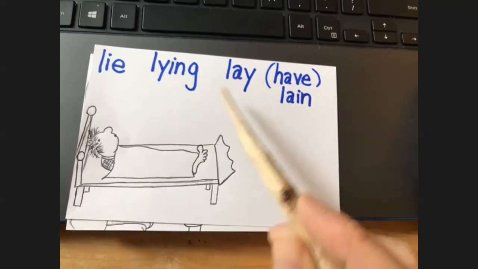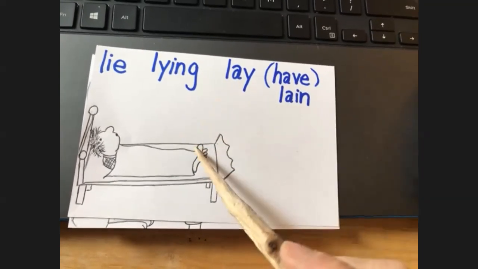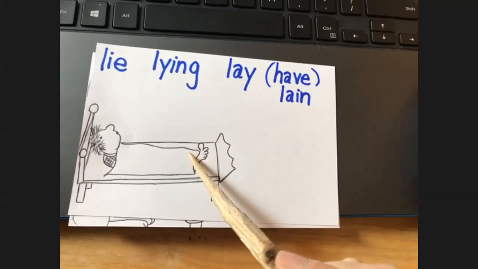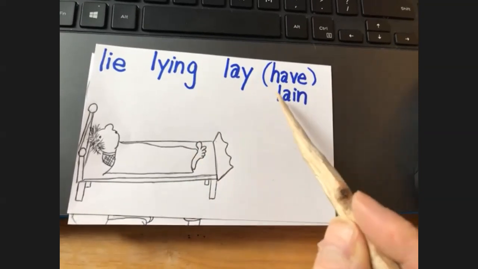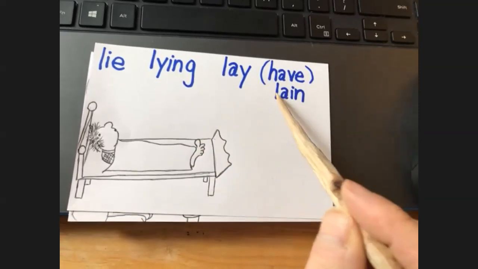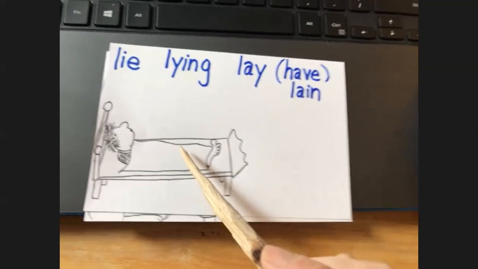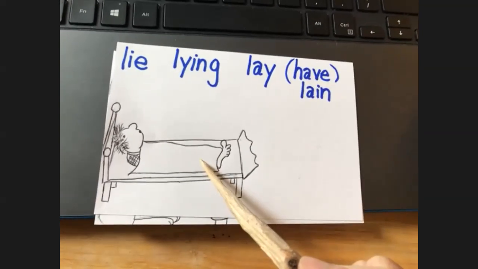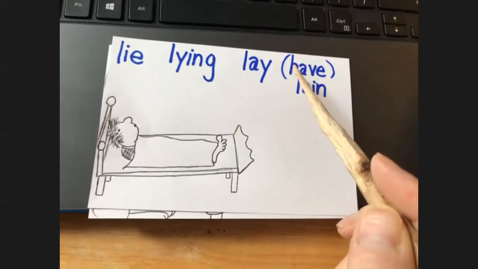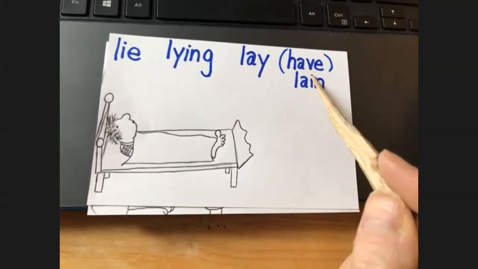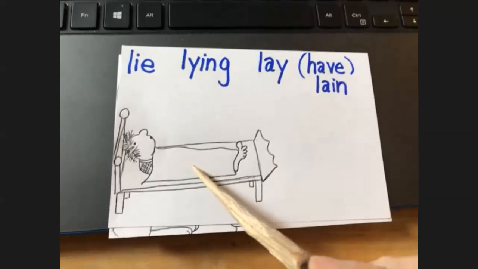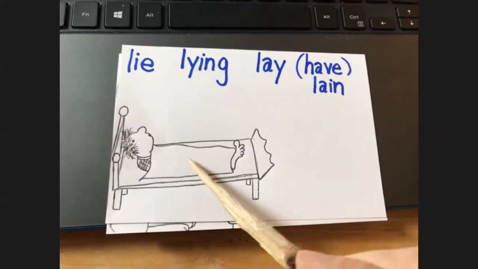That's in the past. He lay there in his bed a long time. He has lain there, or I have lain there. You could say has or have lain, depending on if it's singular or plural. He has lain there a long time. See?